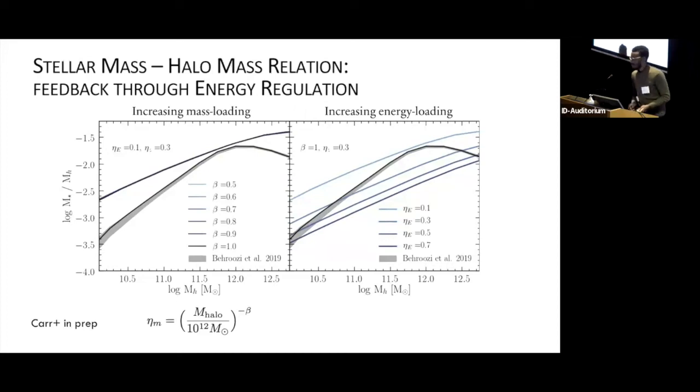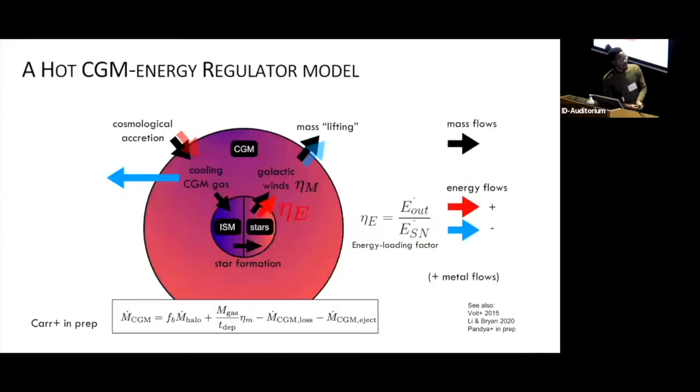Catherine, do you have a quick question? I noticed the red arrows going on accretion onto the gas halo and from the stars to the CGM. What about from the stars to the ISM? Can you give me physical intuition there of why there's no red arrow?